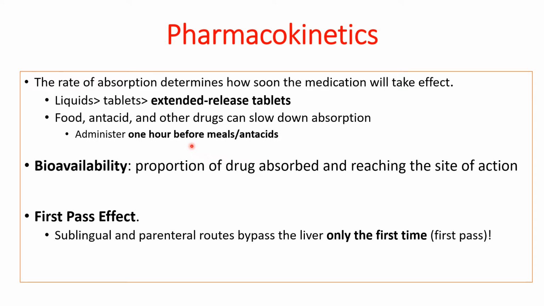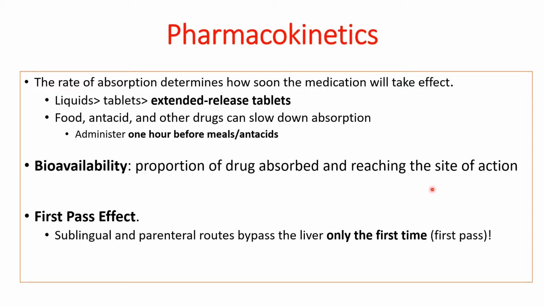As we saw, not all the medication that is administered reaches the site of action, and this brings the concept of bioavailability. Bioavailability is, from the 100% of the dose given, how much reaches in reality the site of action.